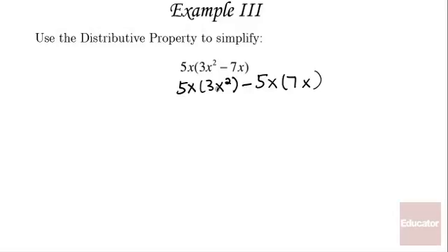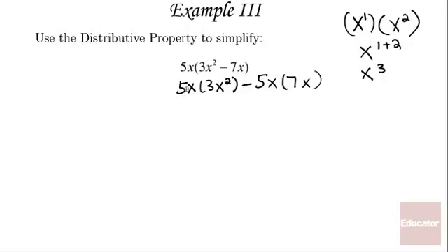So here I have x as the base, and if I'm multiplying x times x squared, I need to add the exponents. X can really be thought of as x to the first power. And if I'm multiplying these out, what I'm going to do is add the exponents. So it becomes x to the 1 plus 2, or x to the third.